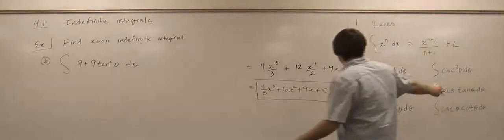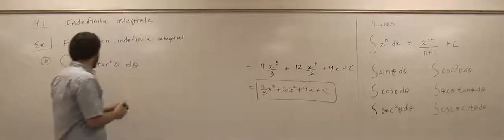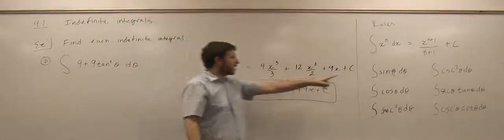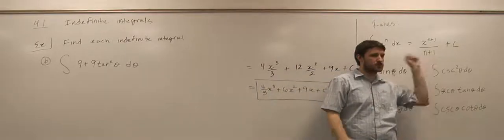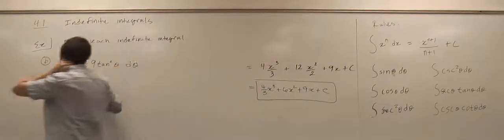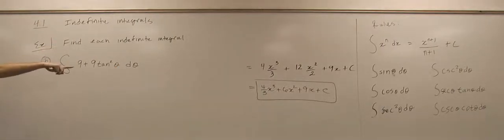I wrote these down last time, you should have them in your notes. But what I'm saying is if you want to do this integral, you have to make it look like one of these, because these are the only integrals we know for trig functions. So you need to play some sort of trick here to turn this into one of those integrals.